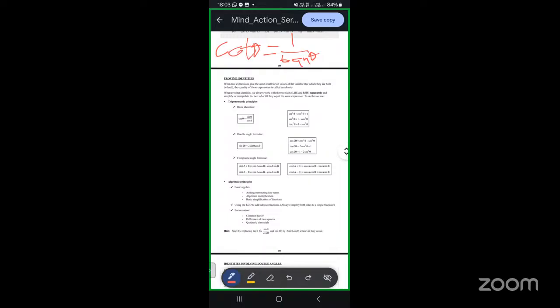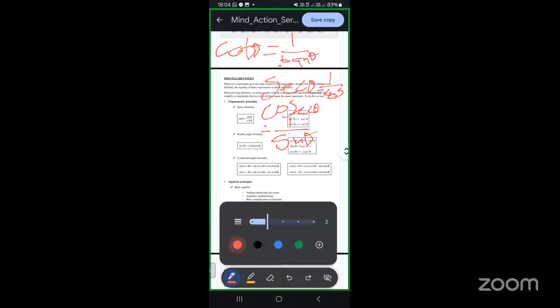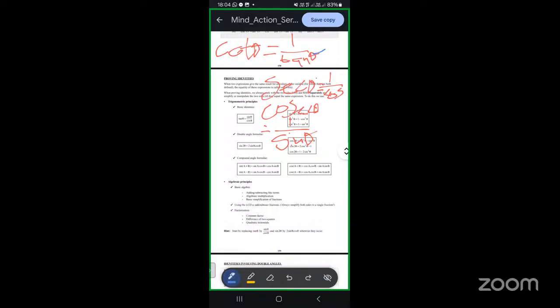And then if you see sec theta, that will be equal to 1 over cos, and then cosec theta, that one is equal to 1 over sine theta. So do you see these four parts here? It's one, two, three, and the fourth one is this one.